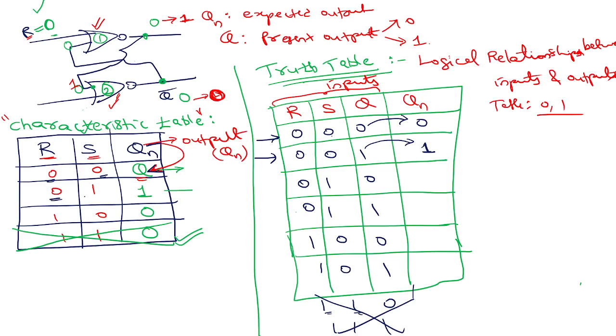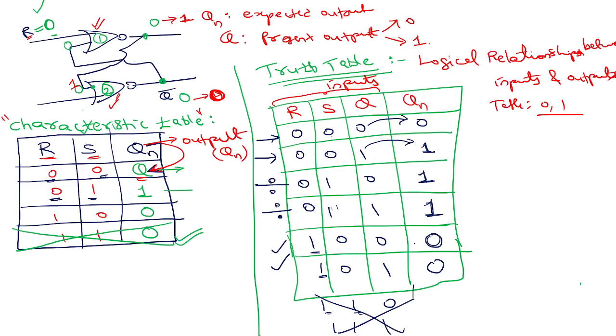Then R equal to 0, S equal to 1. No matter whatever the value, your next state or expected state is going to be 1. Then R equal to 1: if R equal to 1, that is enough, your expected state is going to be 0, because of the reset condition.